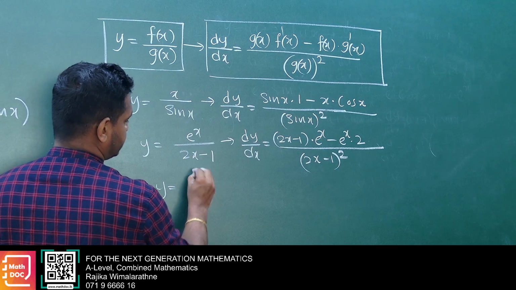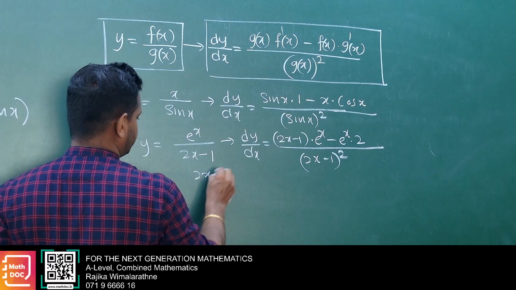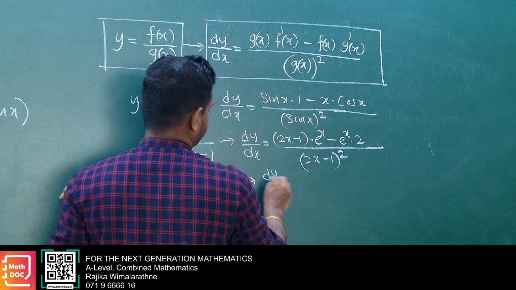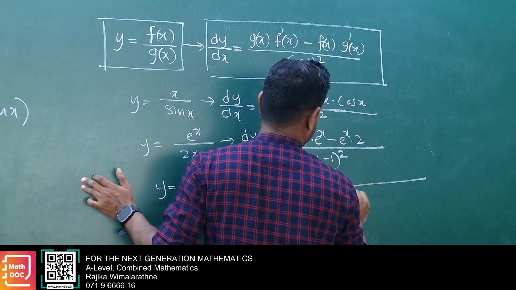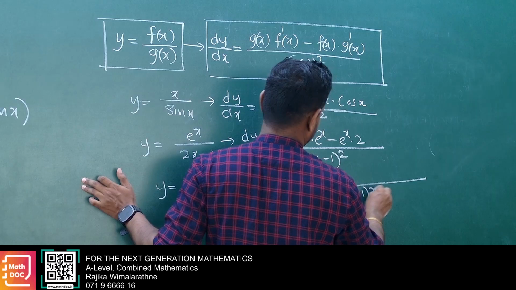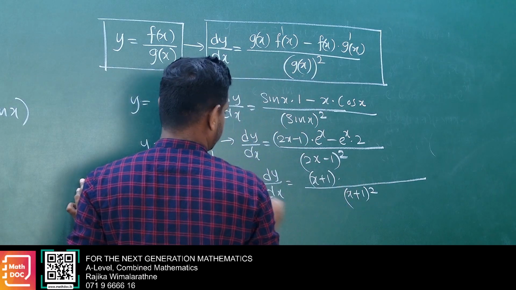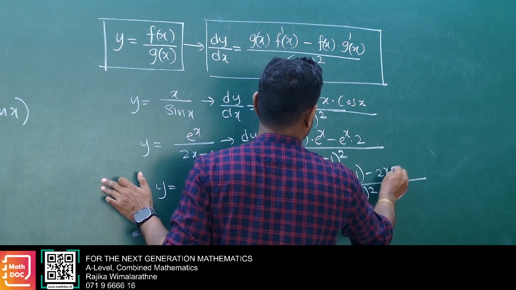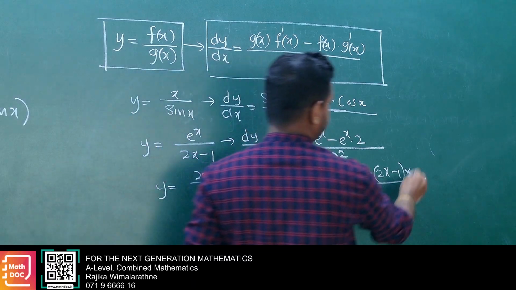Y equal 2x minus 1 over x plus 1. Then dy by dx: denominator square, denominator times derivative of numerator minus numerator times derivative of denominator, x plus 1 derivative 1.